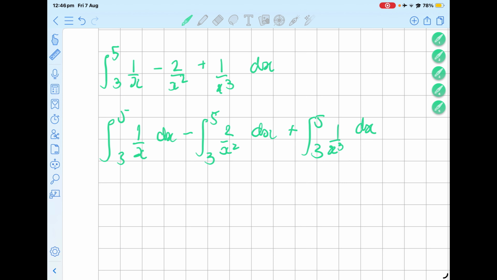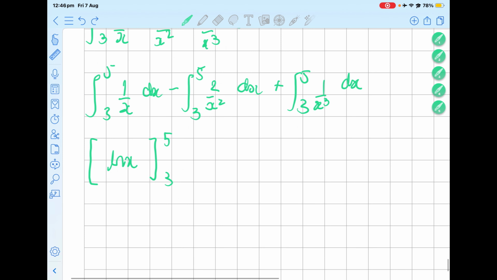So now what you want to do is start integrating. So this is ln x, and I didn't say grinding, I said integrating.